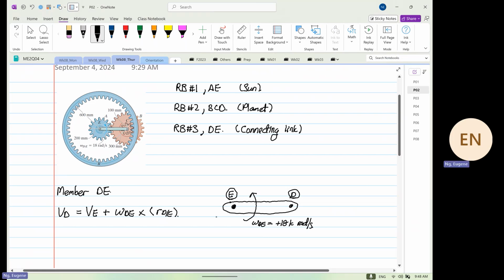So we also know that point E is what we call its spin.